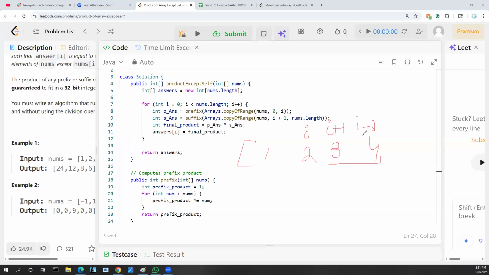But there's another name for I plus 2: the length of array minus 1. This will give me the last index. So if I'm using a function like range, giving it I plus 1 and the last index, I'm getting the suffix, which is 3 and 4.